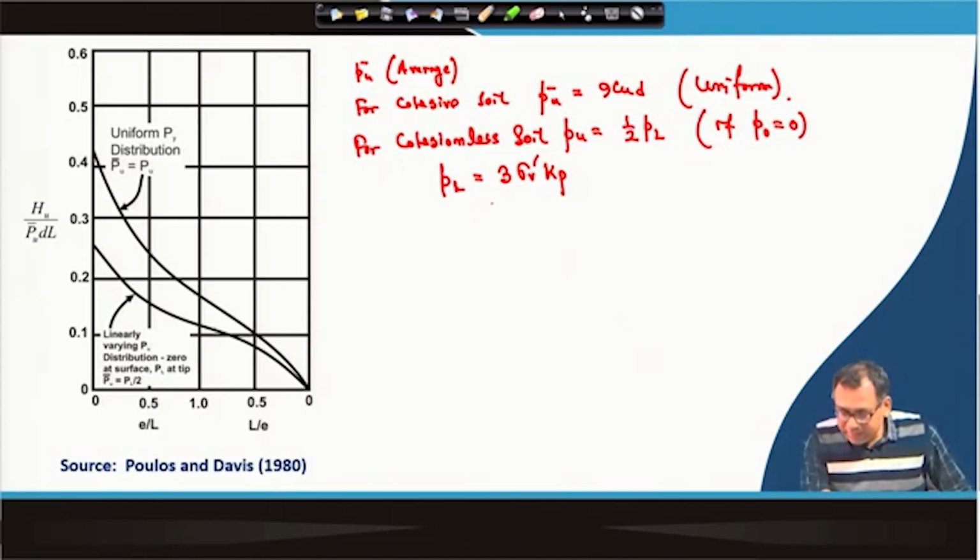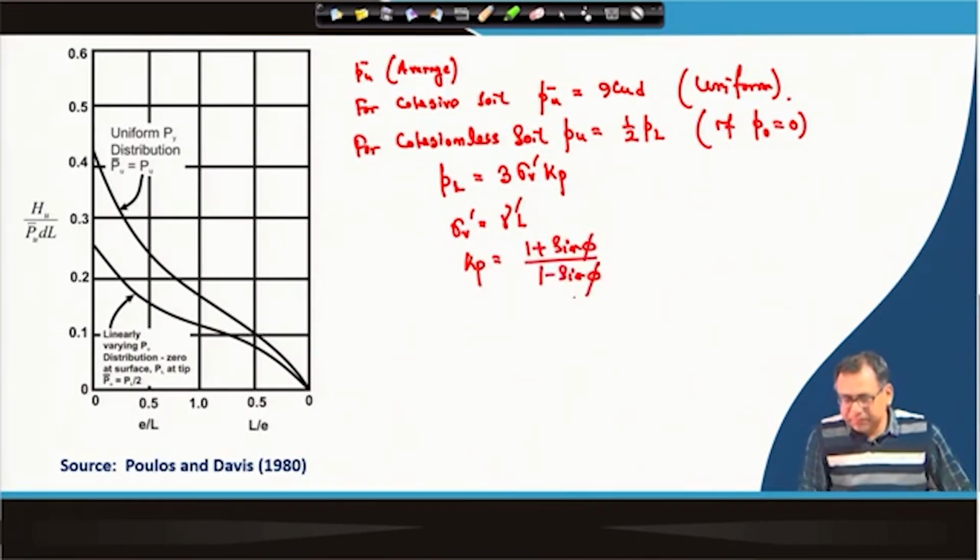Similarly, sigma V dash at L will be gamma dash into L, and K p will be equal to (1 plus sin phi) divided by (1 minus sin phi). So, this is linear.